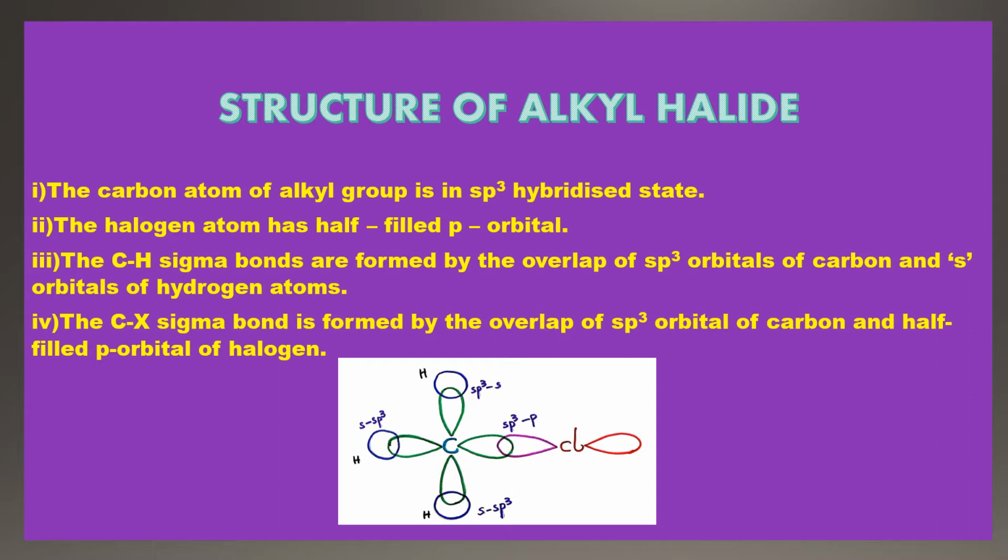They are formed by the overlap of sp3 orbitals of carbon and s orbitals of hydrogen atoms, whereas the carbon halogen sigma bond is formed by the overlapping of sp3 orbital of carbon and half filled p orbital of halogen. Okay, clear, students? And also kindly observe the diagram. All these points will be understood. Fine.